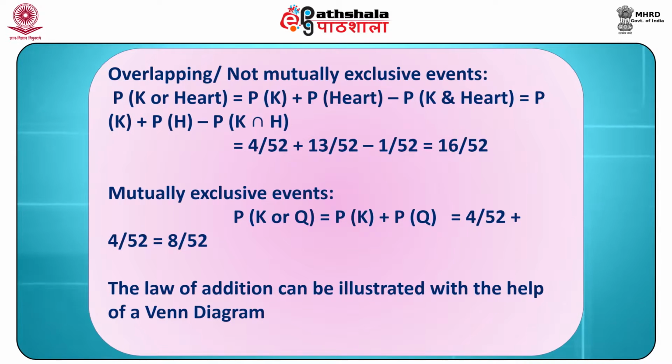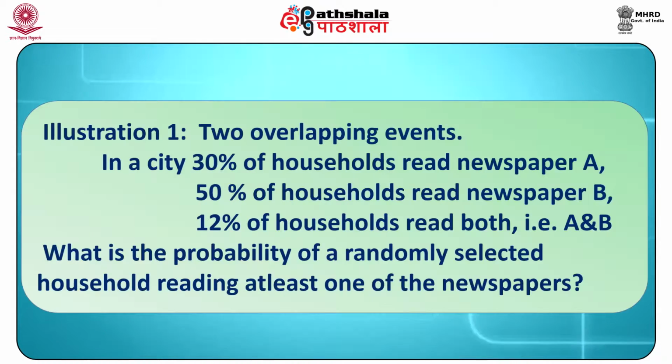These are not mutually exclusive events. Now, probability of K or Q is equal to probability of K plus probability of Q, which is equal to 4 divided by 52 plus 4 divided by 52, which is equal to 8 divided by 52, which are mutually exclusive events. The addition law can be illustrated with the help of a Venn diagram.